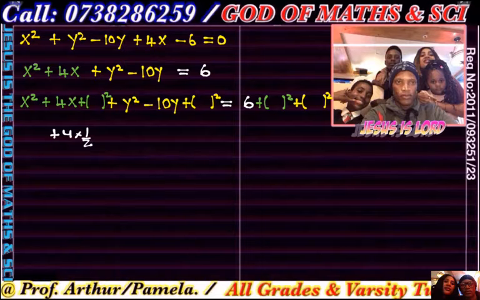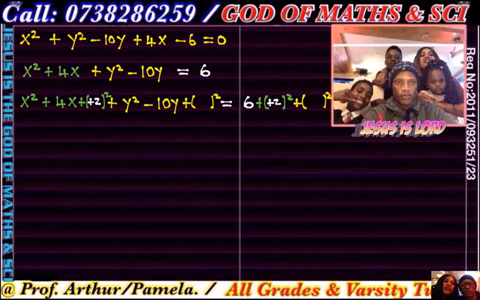So take the coefficient of x and multiply it by half, or divide it by 2. When you put it in the bracket, please put it with its sign. So it's a positive 4, I divide it by 2, it becomes a positive 2. You got it? Do the same thing on the other side.